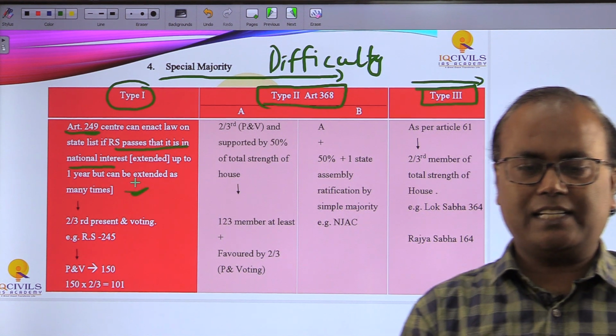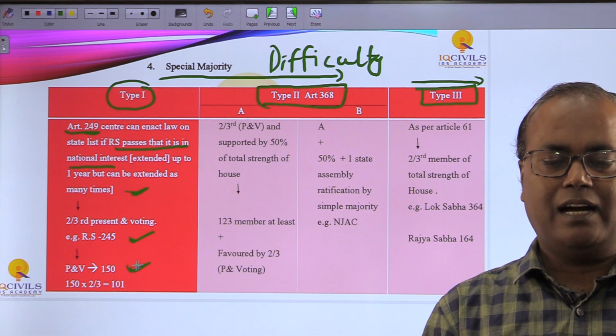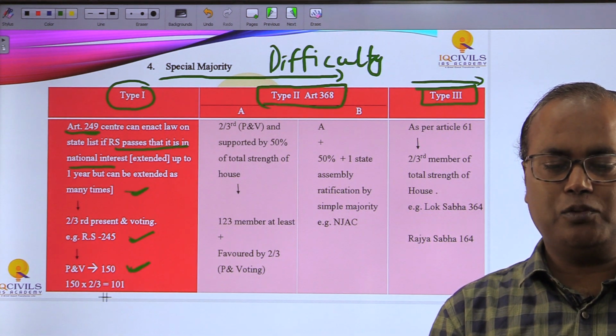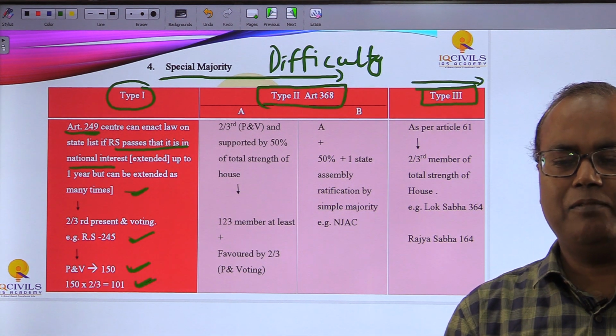Here you can take the example of 245 members, 150 are present, and 2/3 is going to be 100, plus 1, that is 101.